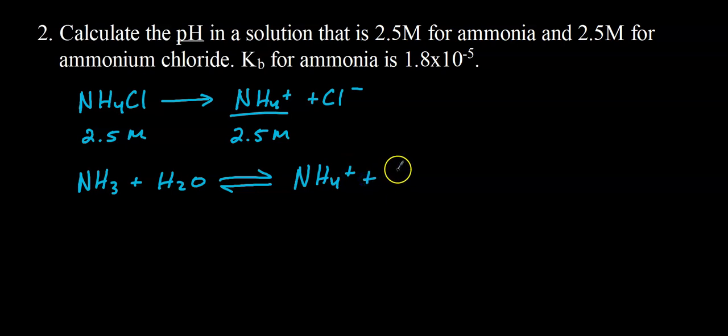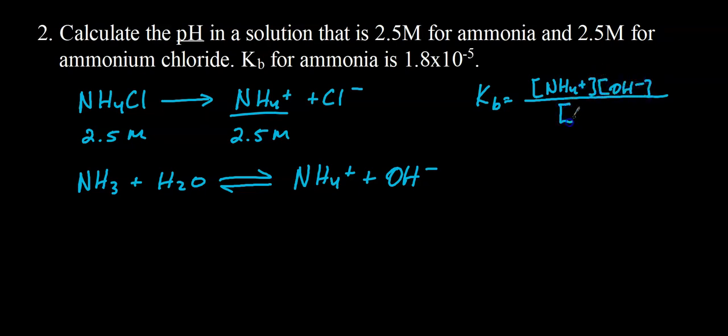So setup looks the same. So we have our ionization equation, we have our Kb expression. Again, we're looking for the same thing as last time. We're looking for pH, and so before we can find the pH, we need to determine the OH minus concentration, and then from there we can determine pH.